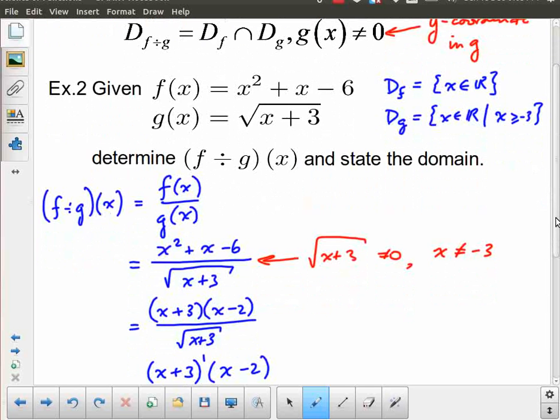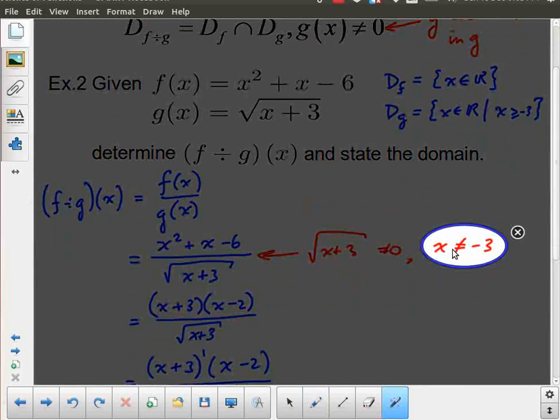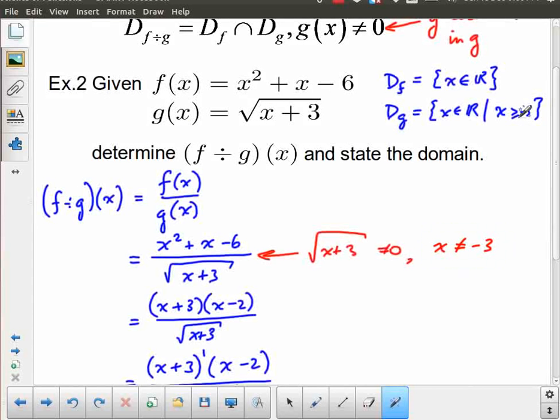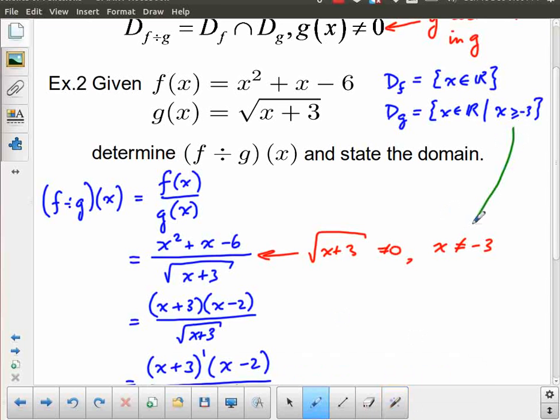But we've introduced this additional restriction, which is that x cannot be equal to -3. So what we had said before about x greater than or equal to -3, when I take those together, so this combines with this, and as a result we end up with x must be greater than -3 as these two things combine together.